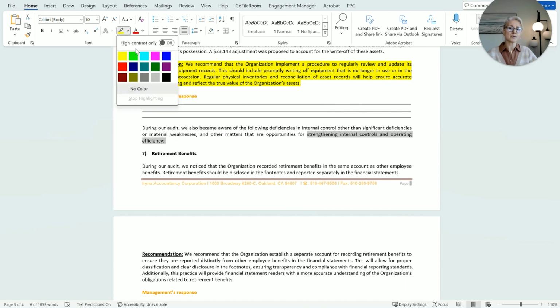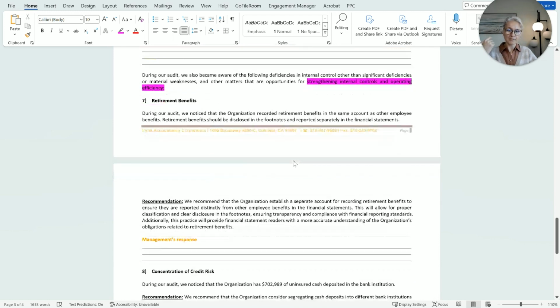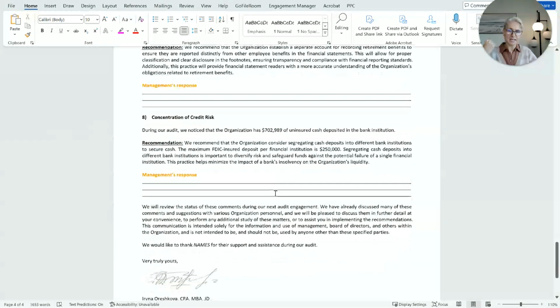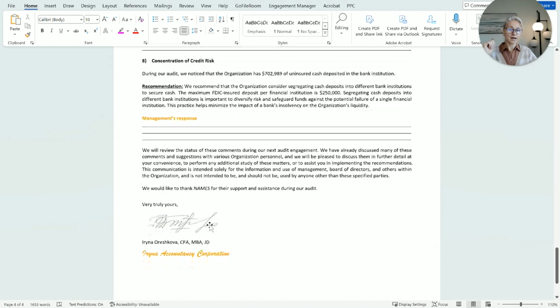So those are simply recommendations. We gave recommendations about retirement benefits and concentration of credit risks, that some balances were not FDIC insured, and that's it. And we provide our signature.